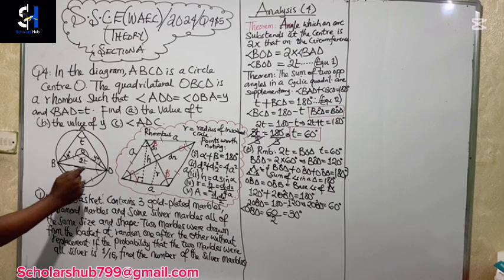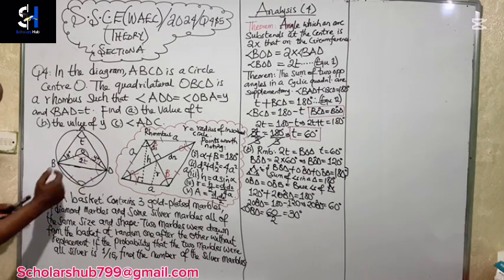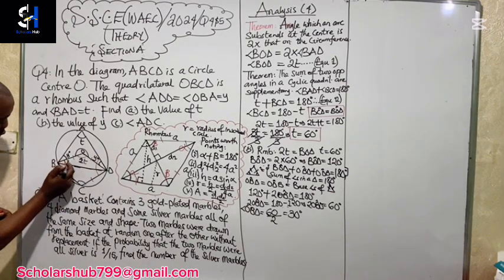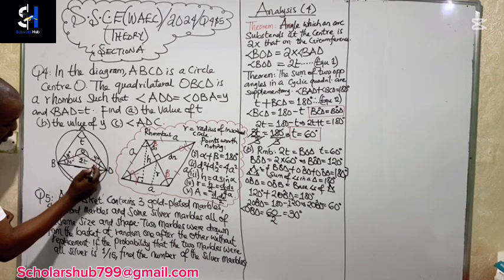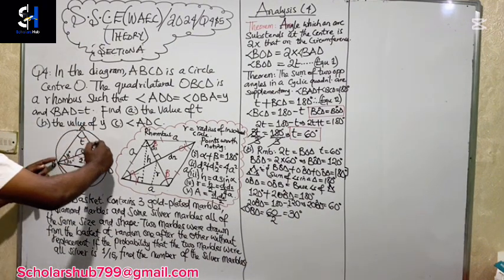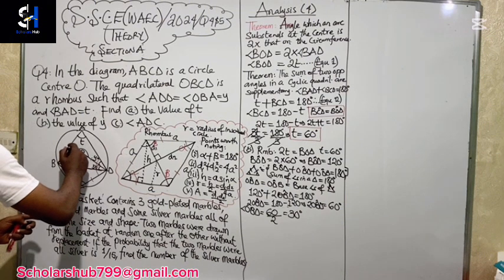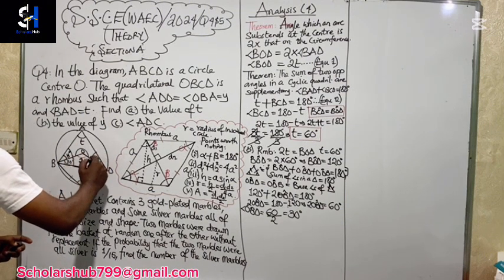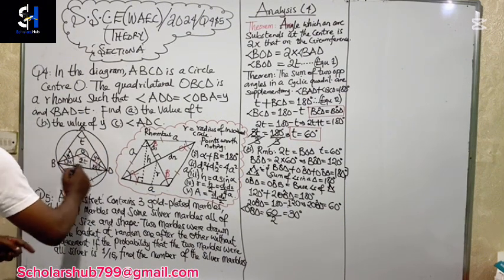Now that we know the value of OBD, the size of this angle is 30 degrees, and we also know the size of this angle to be 30 degrees. So we now have another triangle, this triangle ABD.